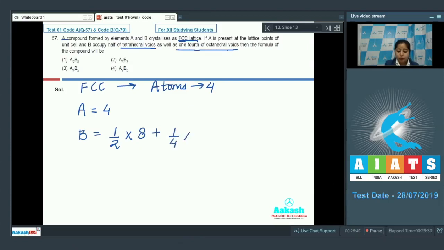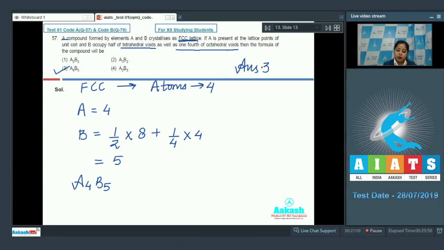Therefore, 1/4 multiplied by 4, since the number of octahedral voids will be equal to the number of atoms making the unit cell. Therefore, the number of atoms of B will be 5 and the correct formula of the compound will be A4B5. Therefore the correct answer is option number 3.